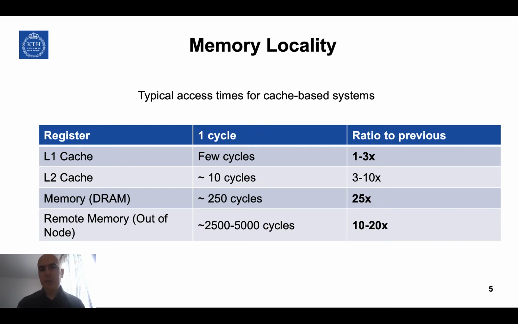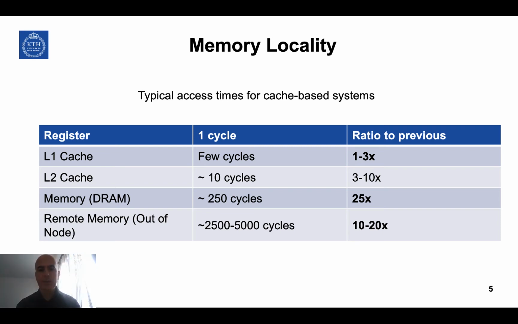Different kinds of memory also have different access speeds. This table presents typical access times for a cache-based system. L1 is very fast, so it only takes a few clock cycles to access. L2 cache is larger, so it has a larger capacity, but it is also slower.